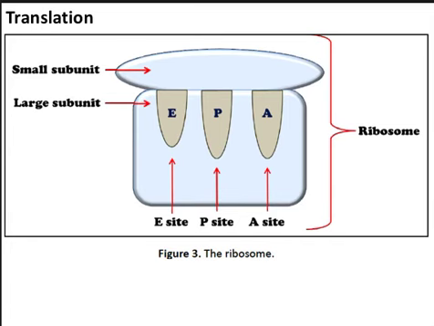The new protein is essentially assembled on this part of the ribosome. And finally, the exit, or E site, which is used to eject transfer RNAs that have already unloaded the amino acid they were carrying.